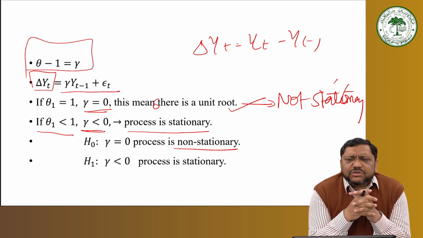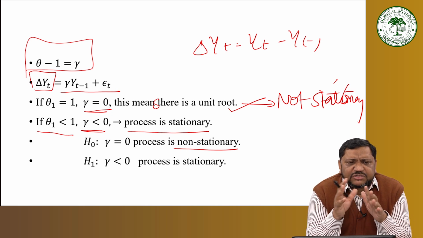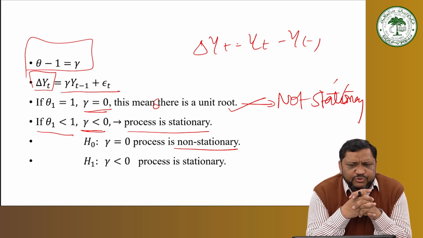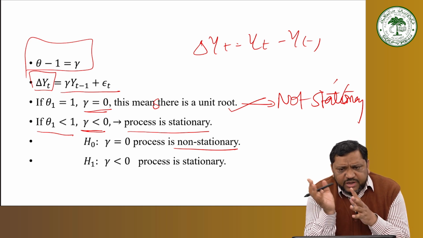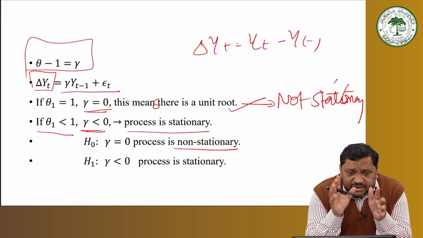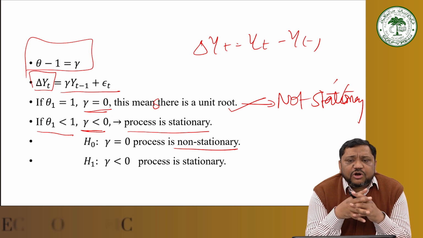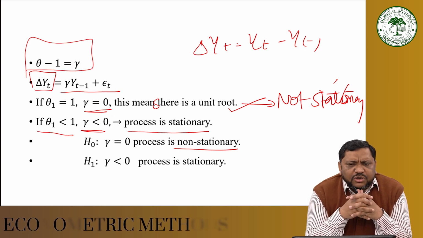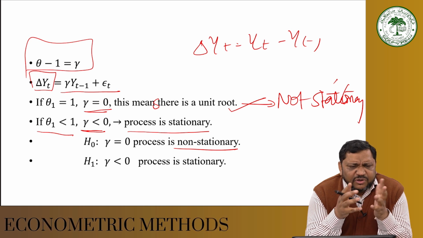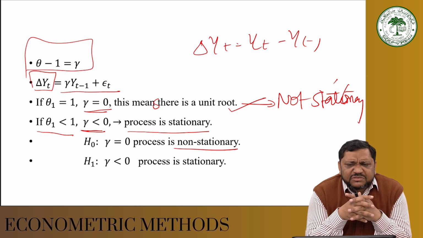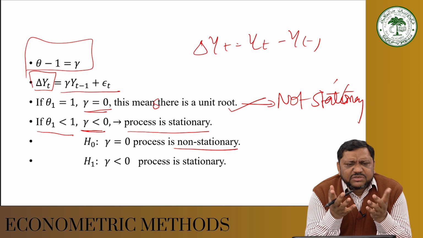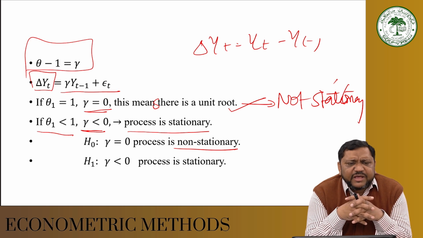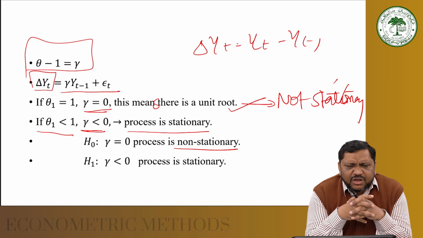Now a few words about the tau test. This tau test doesn't follow the t distribution, and we do not take our t values from there. The table values for the tau test were given by Dickey and Fuller themselves. So here the alternate hypothesis says that the process is stationary, and the null hypothesis says that the process is not stationary.